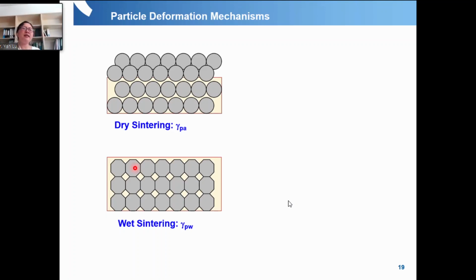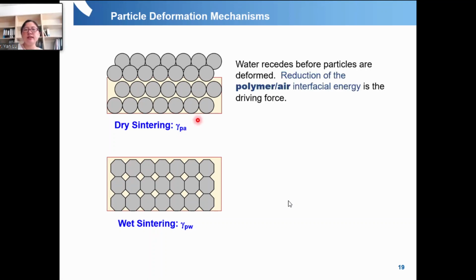It also depends on the stage or status of the particle during this deformation process. It can be either dry sintering or wet sintering. For dry sintering, it means the water has already left the particles when the particles are deformed.